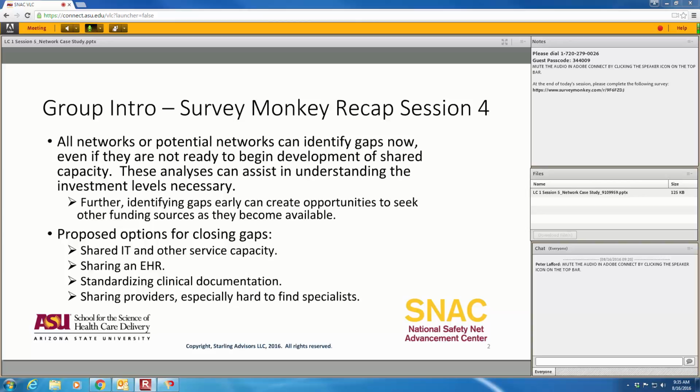Certainly there are some pretty clear examples of the types of capabilities that networks will need in order to operate in support of safety net providers under value-based payment models or other health reform models. And because it's relatively clear what some of those things are, there's really no sense in waiting necessarily for your state or the managed care players in your community to make some sort of move towards new payment models.